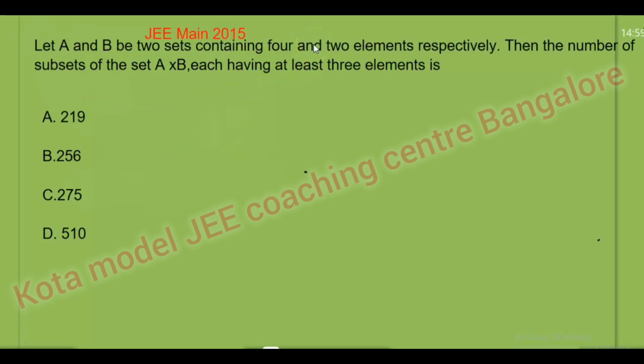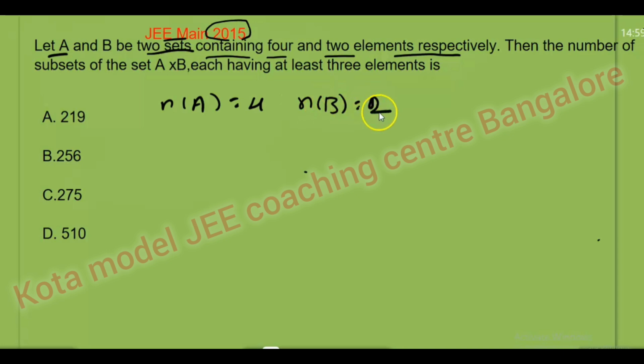Now move to the PYQs. This question was asked in the 2015 JEE Mains. Let A and B be two sets containing 4 and 2 elements respectively, so n of A is 4 and n of B is 2.